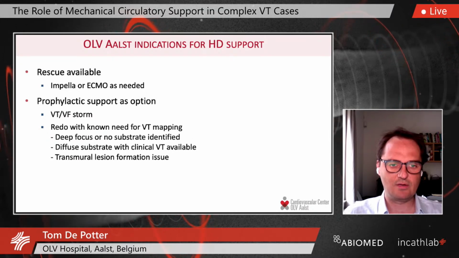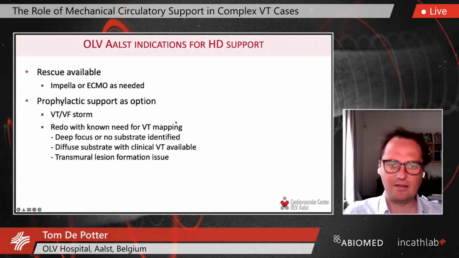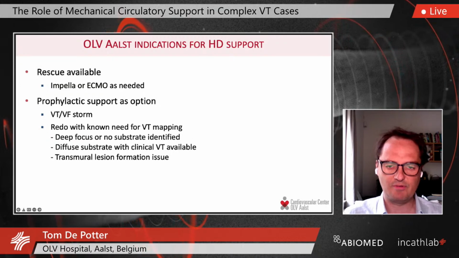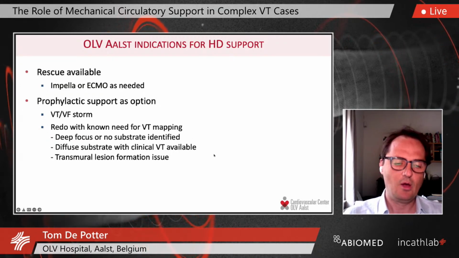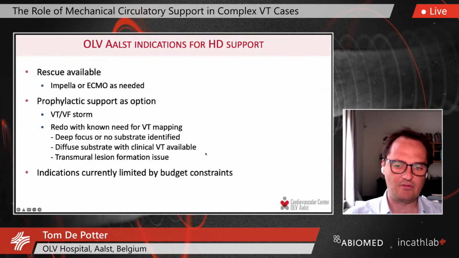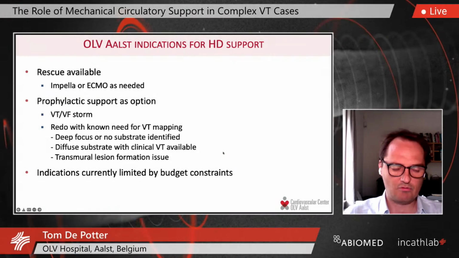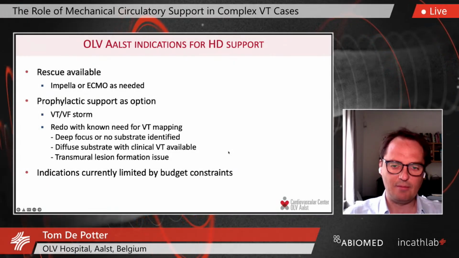These are patients with either a deep focus or no identifiable substrate, or patients with a very diffuse substrate where the clinical VT is available and we want to specifically map and ablate that VT, or we have issues with transmural lesion formation.